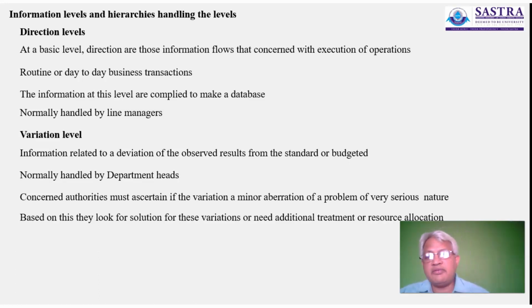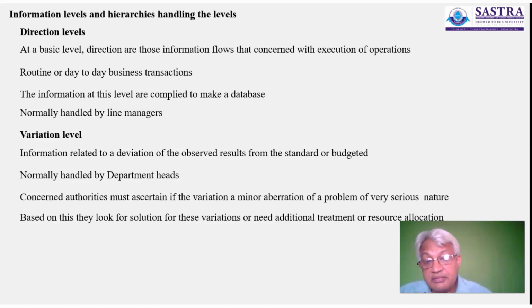Now we look at the variation level information. A variation, as the word suggests, is how much the observed results varied from the standard results. This variation, once it occurs, whether positive or negative, must be looked into directly by the department heads, not just the line managers, because the concerned authorities must determine whether it is a minor aberration or a serious matter of concern.